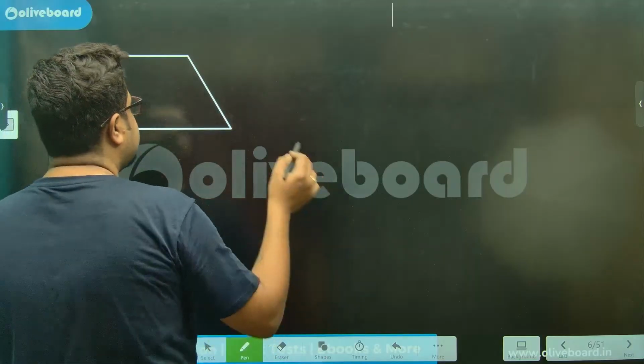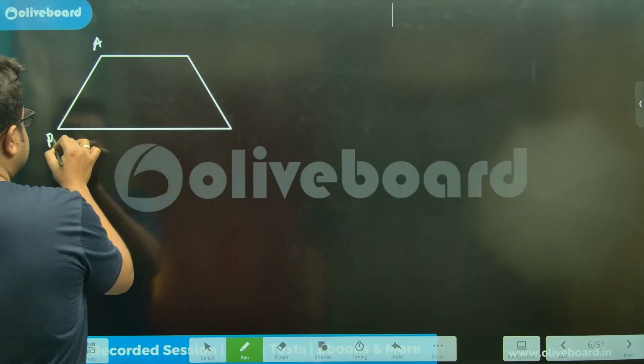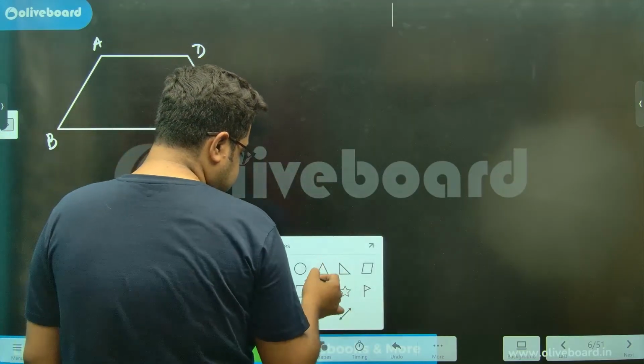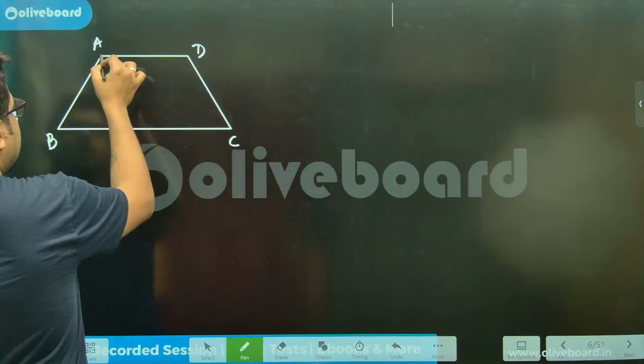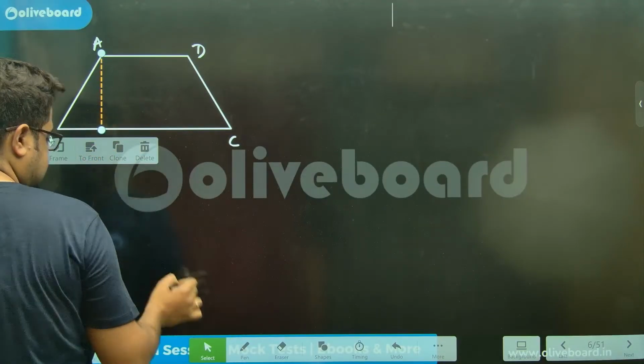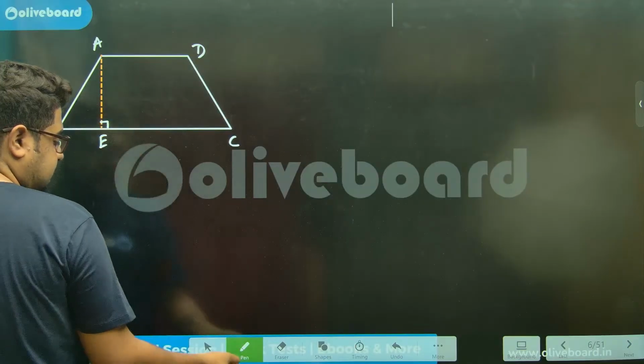Please understand. Trapezium, if this is, let's say, a trapezium ABCD, if you draw a perpendicular from here, name it E. This is, let's say, 90 degrees.